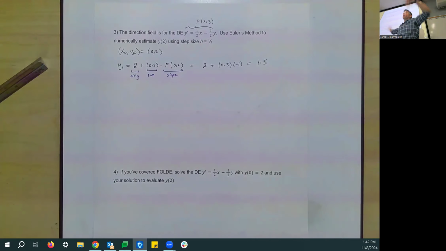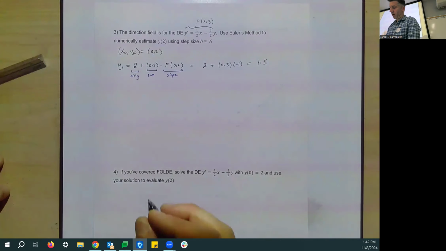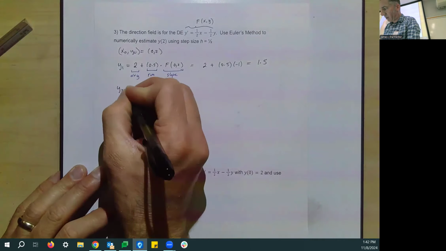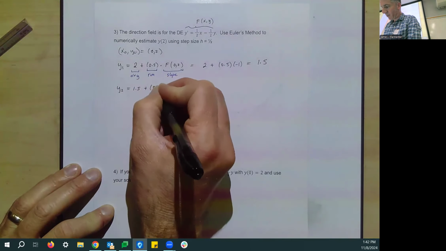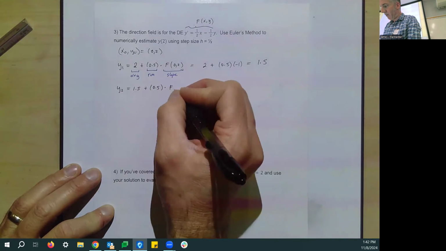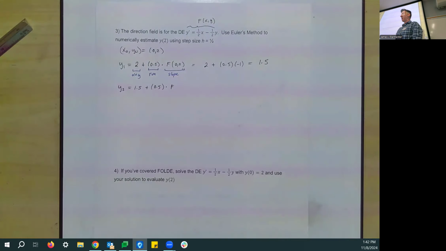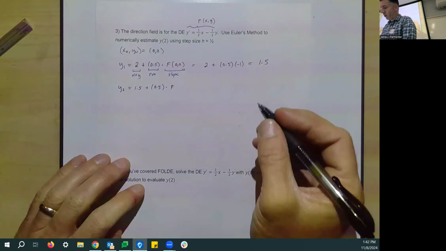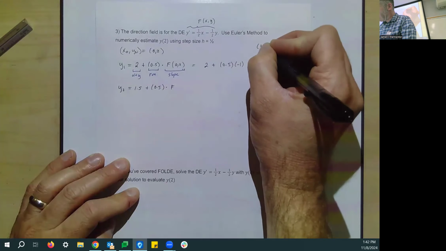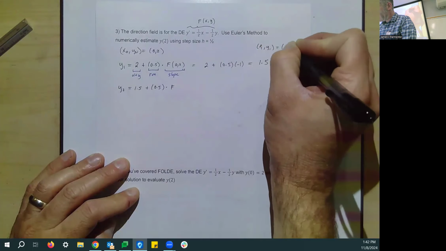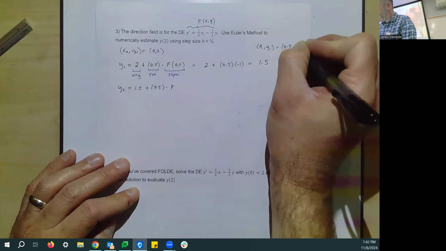And then we just do it again. So then our next y value is going to be the old y value plus the run times f of the new slope, which we get by plugging in our next x value and the next y value. I should have written here that our x1, y1 was (0.5, 1.5).